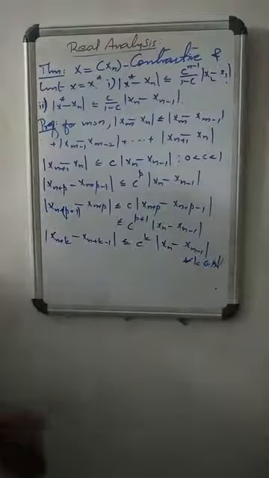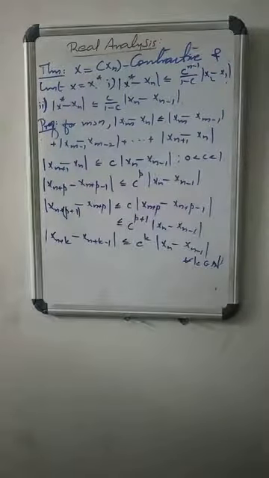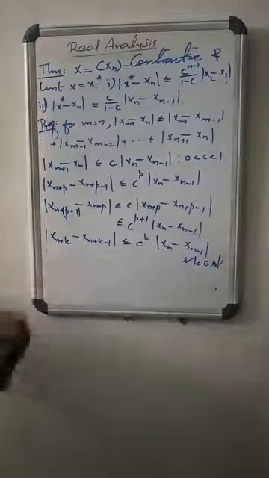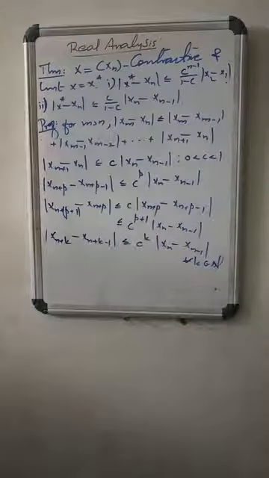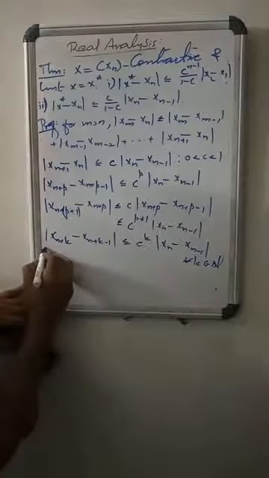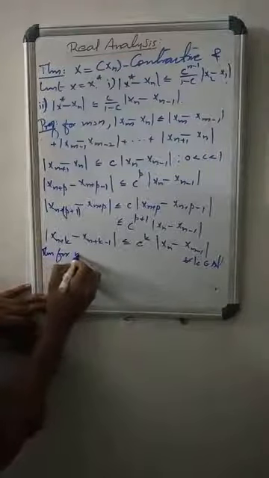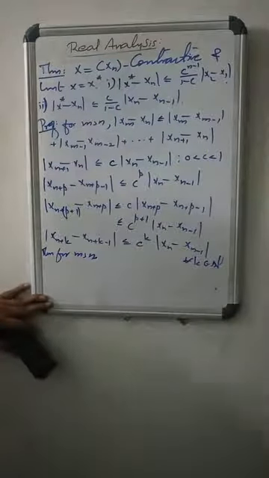So, modulus of x_{n+k} minus x_{n+k-1} is less than or equal to c^k into mod x_n minus x_{n-1}. Then for m greater than n, what happens here?